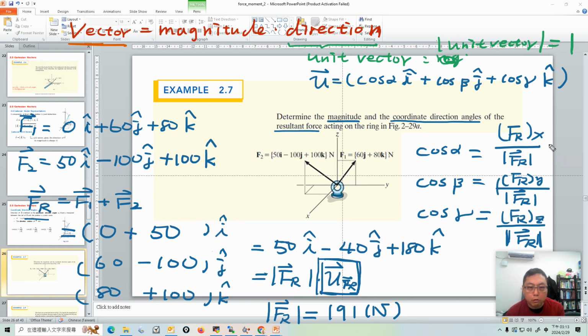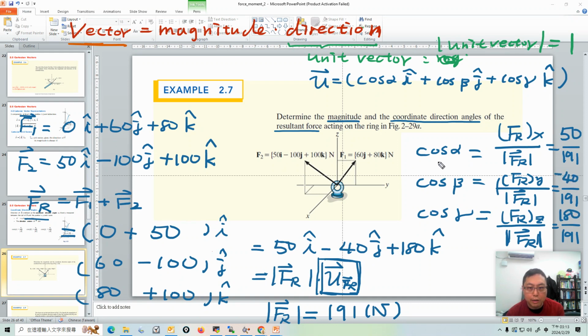So what is your cosine alpha? The denominator is always 191. So what's the numerator? The numerator is the x component of the resultant force vector, 50, minus 40, and 180.